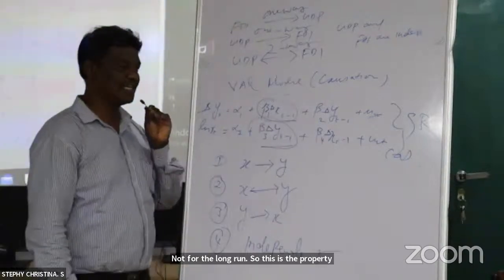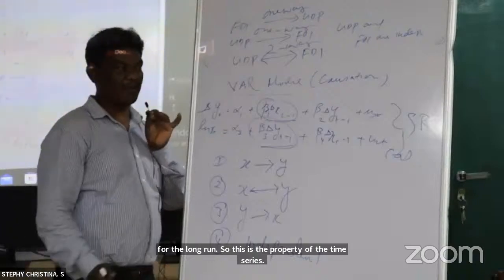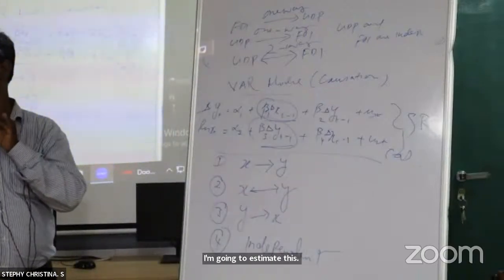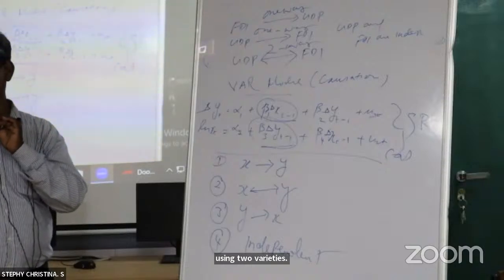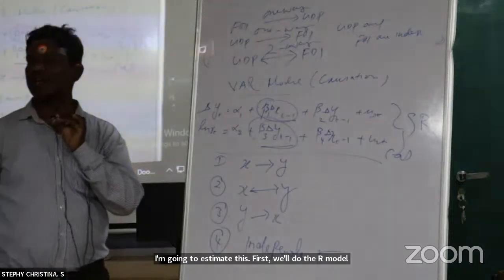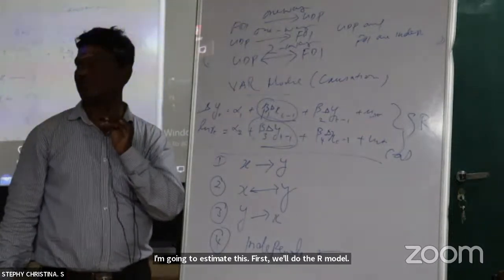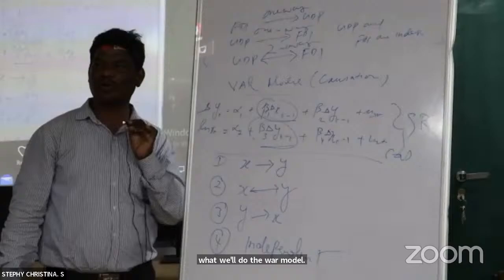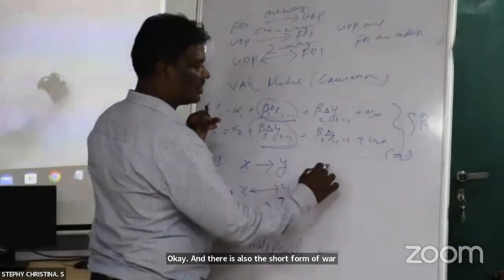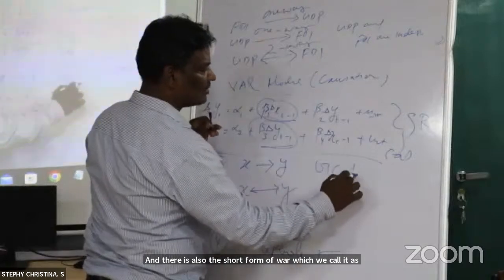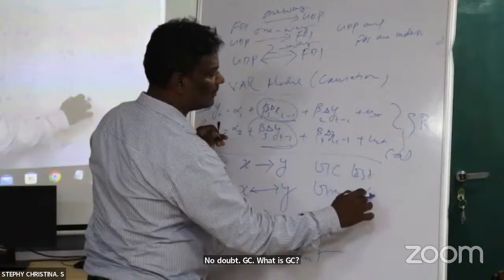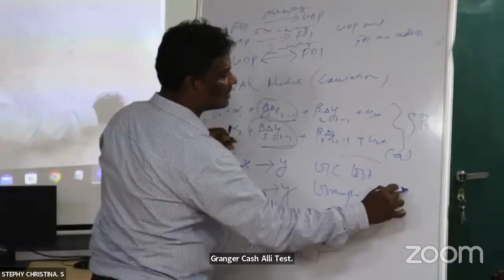Okay, to understand, what we will do is estimate this using 2 variables. First, we'll do the VAR model. And there is also the short form of VAR, which we call, note down, GC. What is GC? Granger causality test.